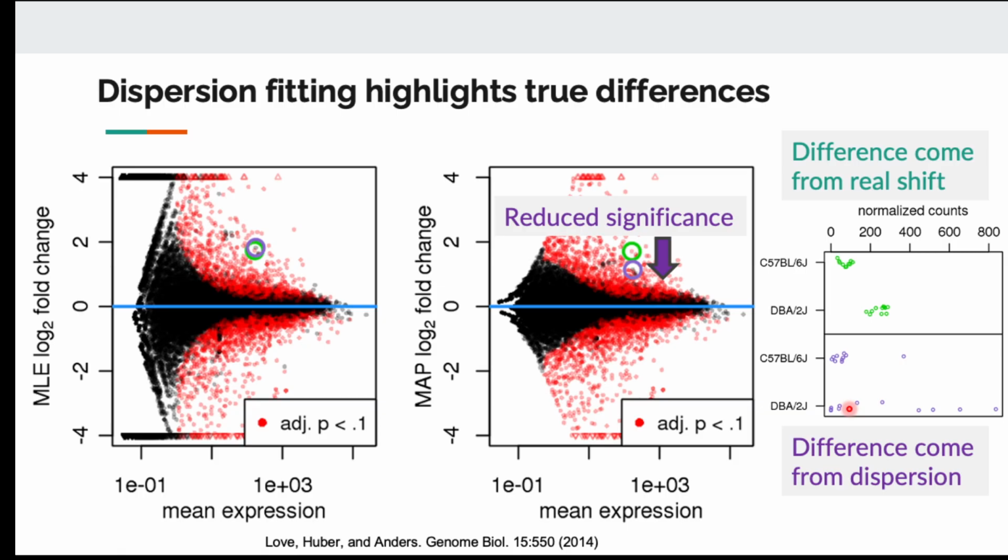The fold change might not be trustworthy. So it reduces the significance for this second gene further. This technique allows you to distinguish better between genes that are consistent and genes that are variable.